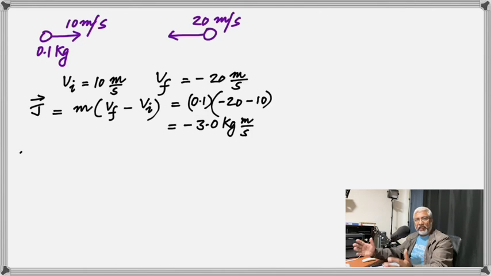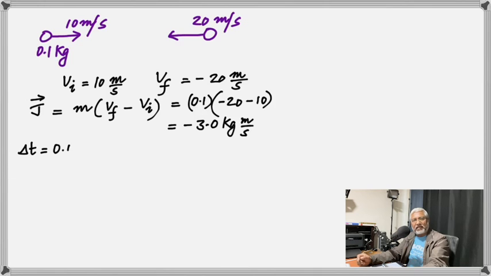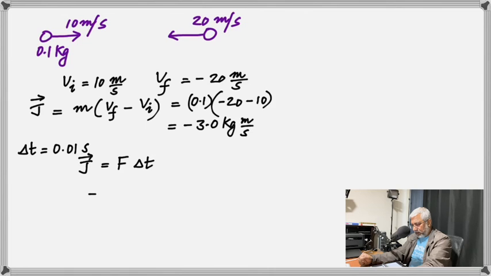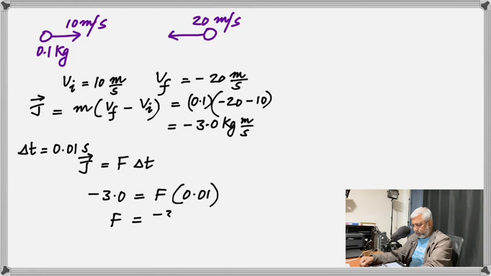So now if I give you the time, let's say the time of contact was 0.01 second, then you can use the other formula for impulse, which is F delta t. And since we know the impulse is negative 3.0, just put that equal to the force times the time, and you can find the force.